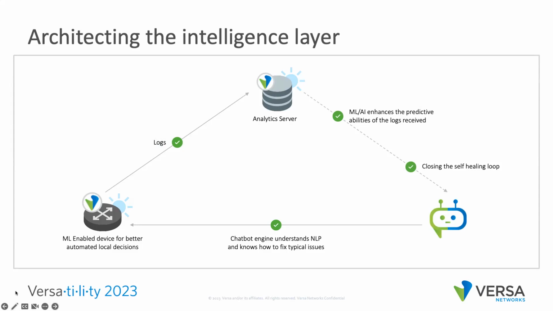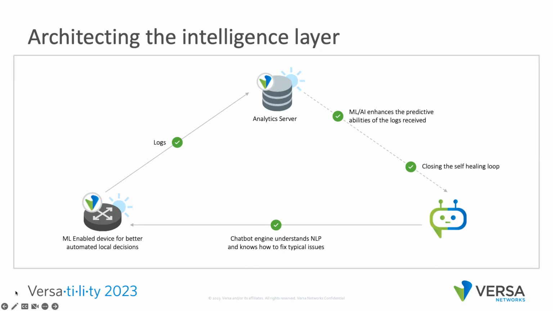Then they're sending the logs to the analytics server, which is enhanced by Vani AI. And so the analytics server is sending logs to Vani via Kafka bus, which can generate multiple insights and alerts, which can be fed back into VMS to affect the VOS devices.